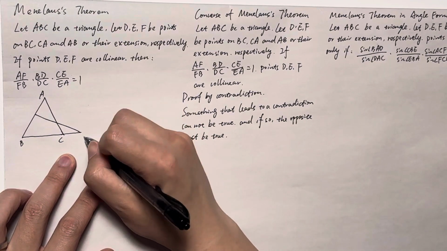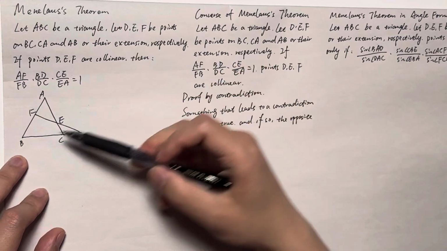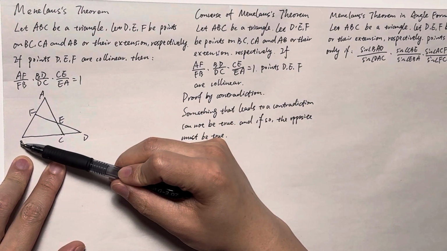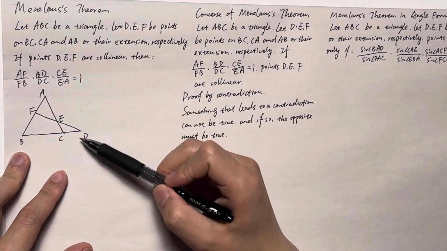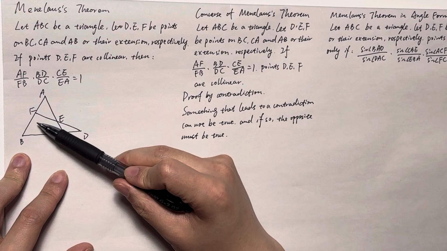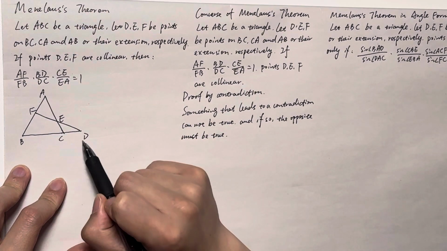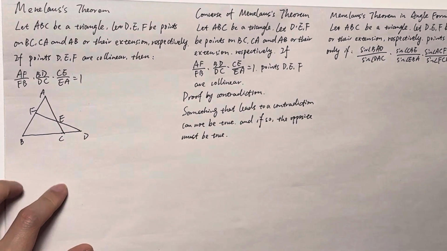Let DEF be points on BC, CA, and AB, or their extension respectively. If points DEF are collinear, then AF divided by FB times BD divided by DC times CE divided by EA equals to 1.